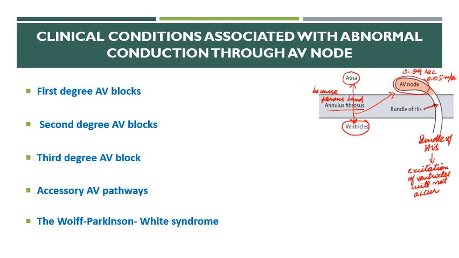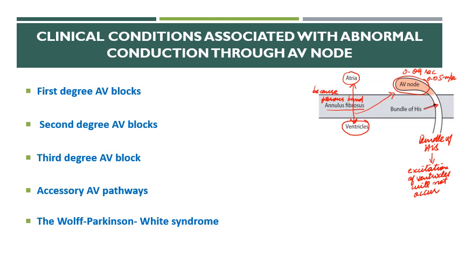So, if the impulses are not transmitted from AV node to the bundle of His, or they are conducted further slowly or intermittently, then certain types of clinical abnormalities appear that we are going to discuss in this slide.